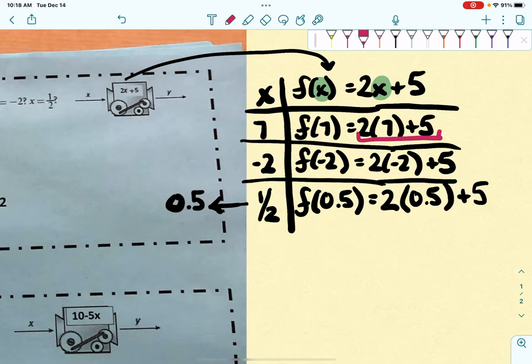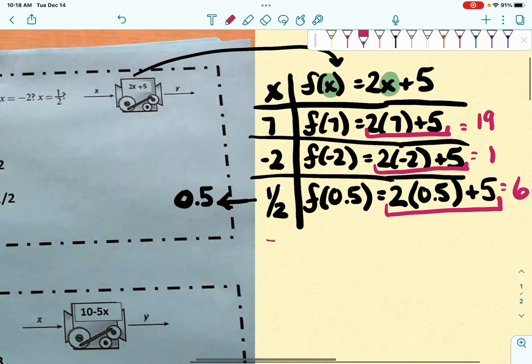Then you can take each of these pieces and plug them into your calculator to get an answer. So the first one, if I plug it in, should be 19. The second one should be 1. And the third one should be 6.